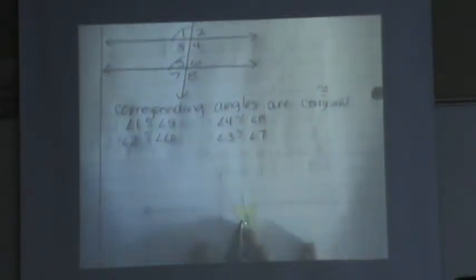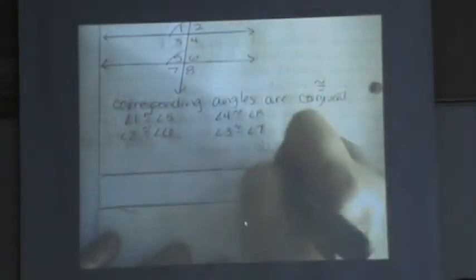Okay, one more set of parallel lines here, and I want us to talk about the measure of angles. I want you to keep in mind all that we've discussed so far about angles being congruent. Because this time, we're going to figure out some angle measures.